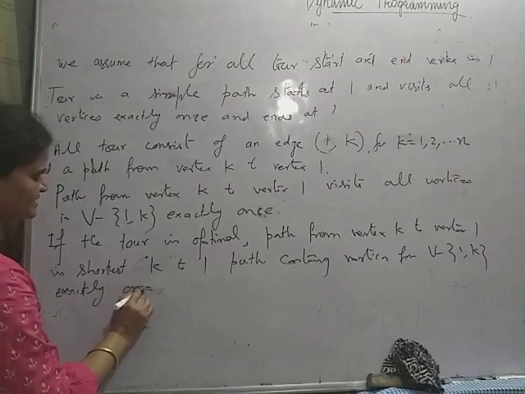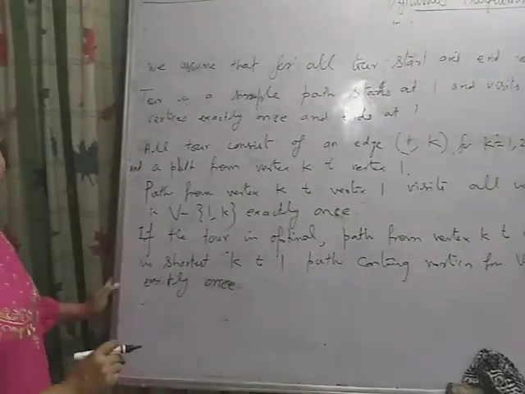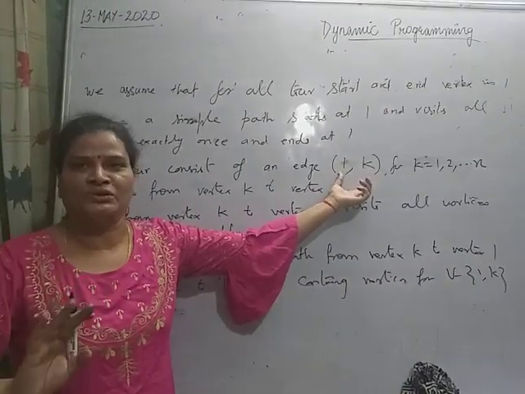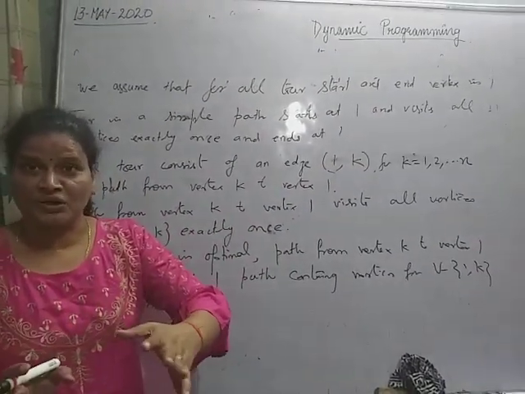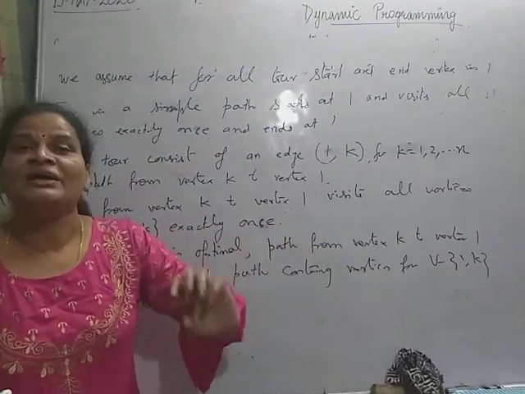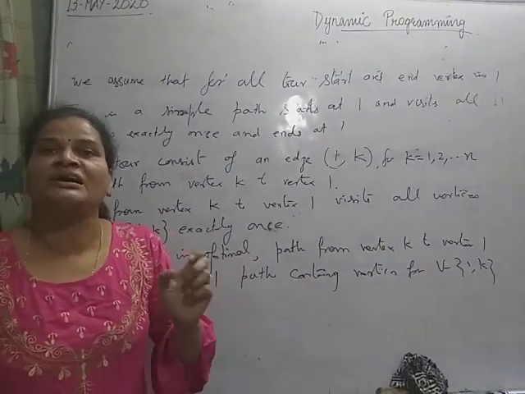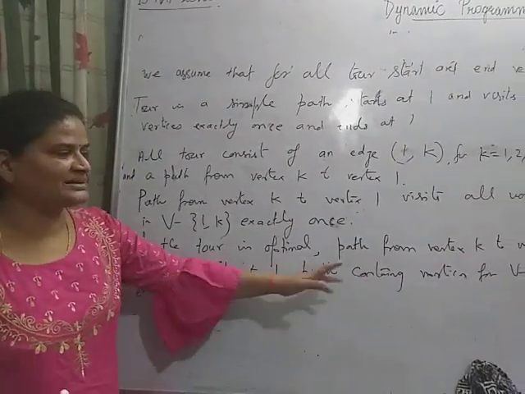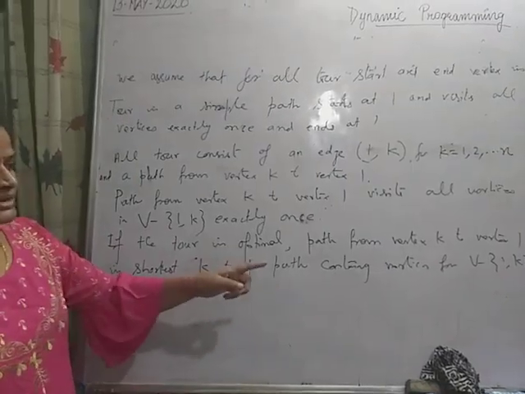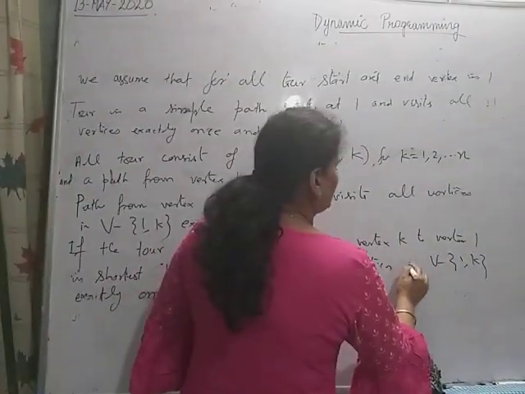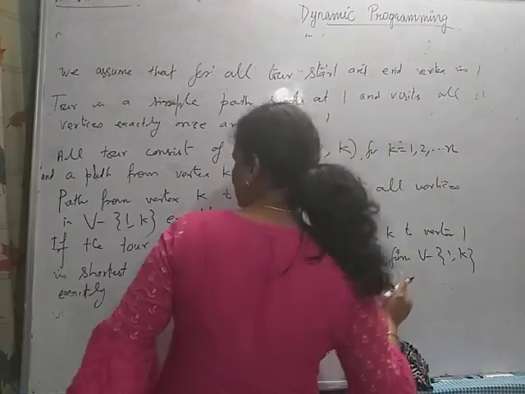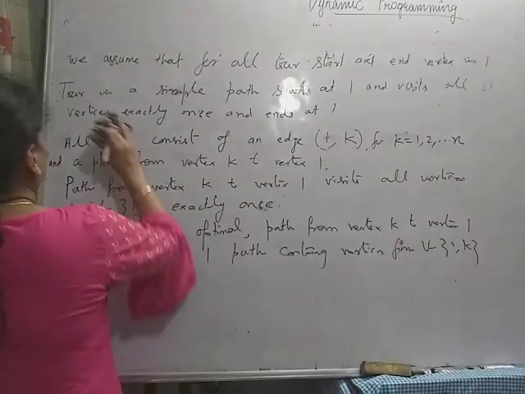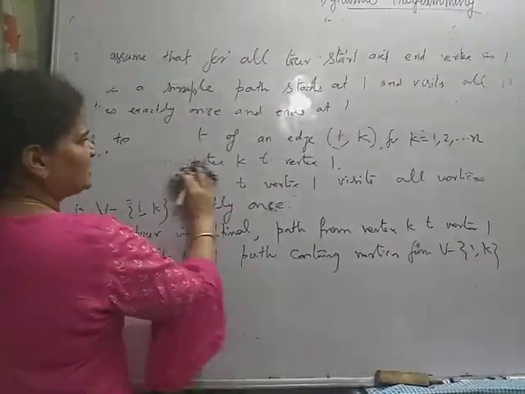So here the principle of optimality holds. After taking the decision for 1k, suppose I am moving from 1 to 2, if the tour is optimal, then the path 2 to 1 must be the shortest path. So the principle of optimality holds.